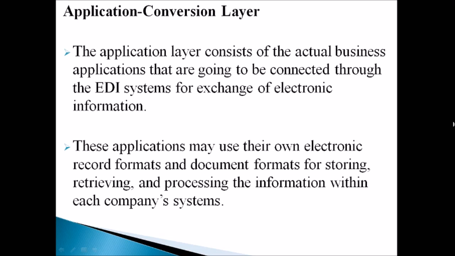It may be the company's own electronic record formats and document formats for storing, retrieving and processing the information within each company's systems. The document in the application layer will be only for the business. So they can store their information, retrieve their documents, make modifications, or process the data, whatever they want, in this layer.